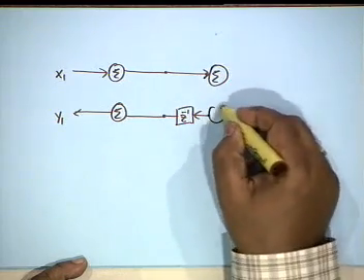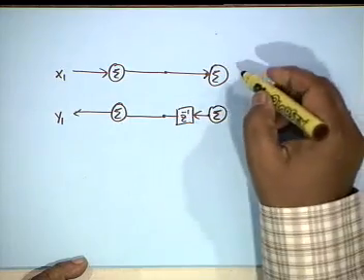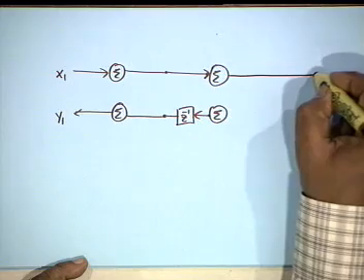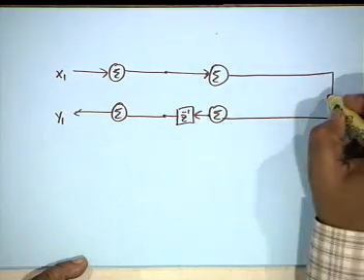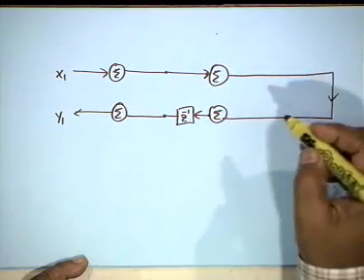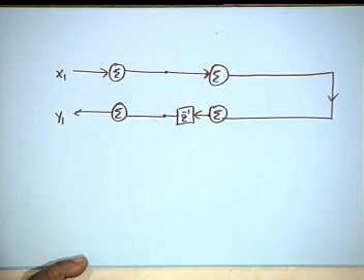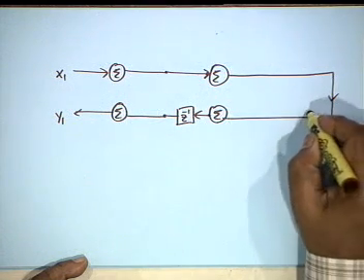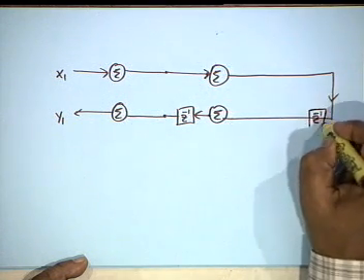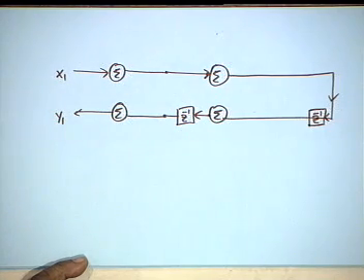Another summer, another summer. Draw with me. Okay? Another Z inverse, yes, very good. Another Z inverse is needed, otherwise we will not get a second order.